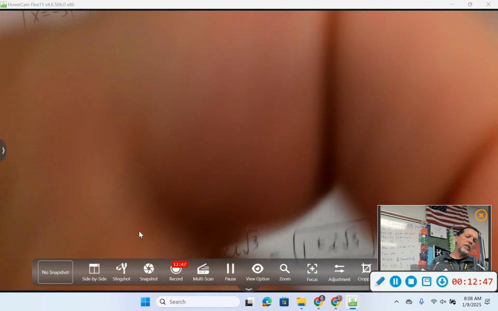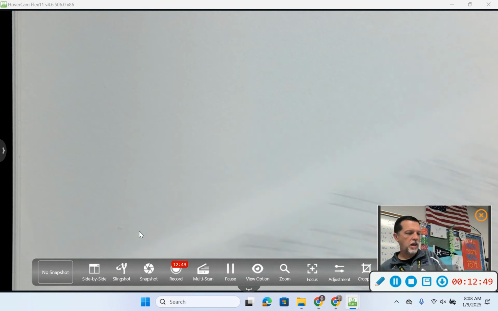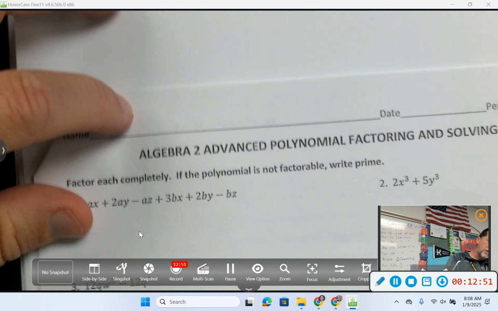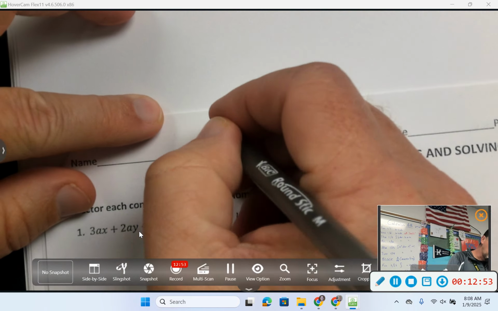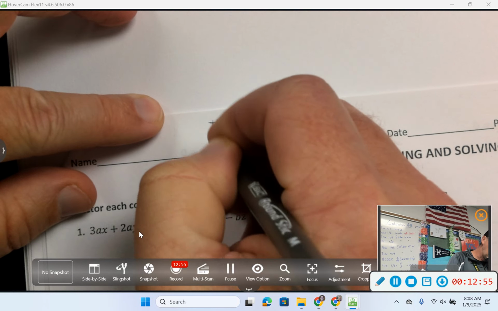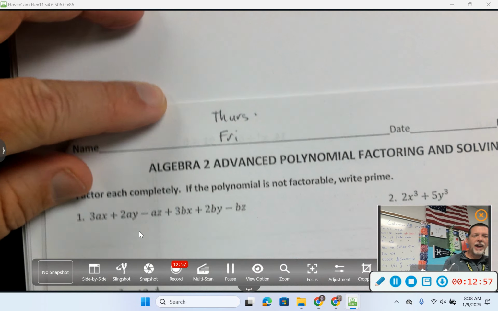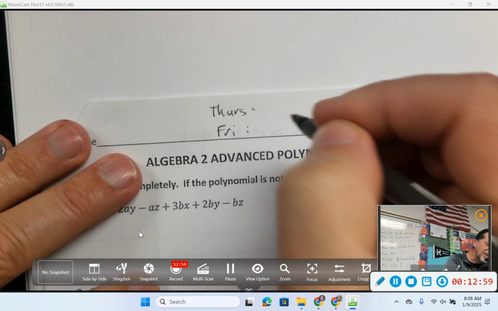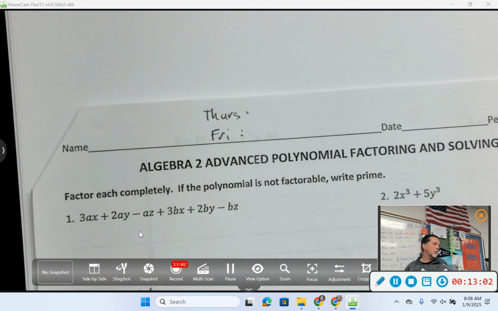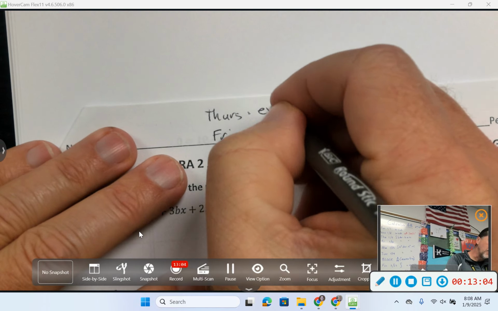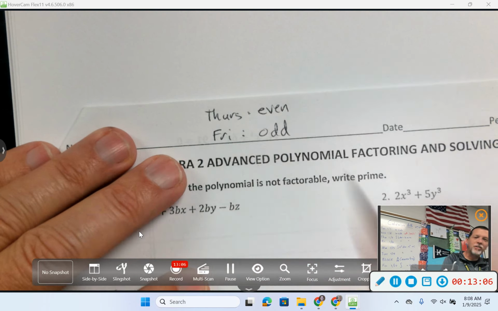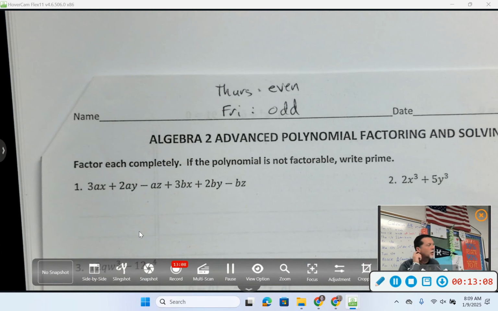Jack says we're done for the day, so we can be done for the day. Now, Jack or somebody said we should do just the evens. And I guess that's fine, because this is today's worksheet and Friday's worksheet. So if you want to divide it up however you want, evens today and odds tomorrow, that's fine.